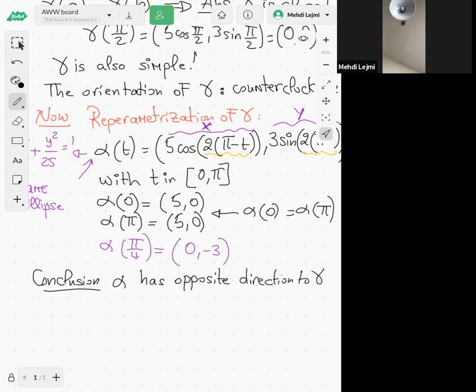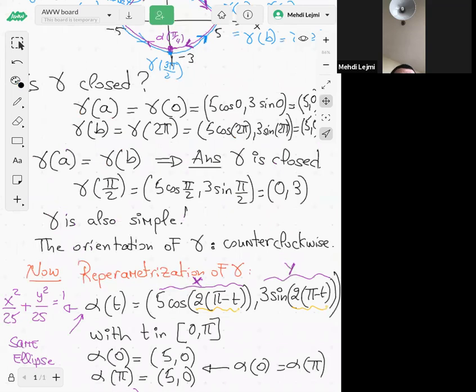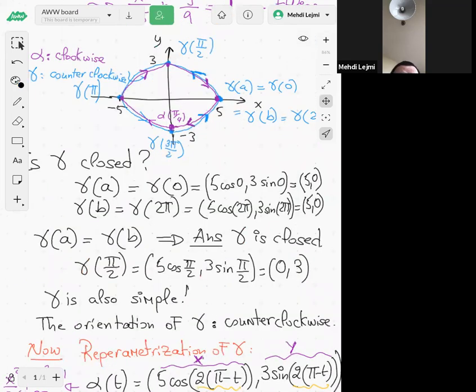So my point here, guys, is that this ellipse, or this curve here, is actually a closed simple curve, right? But my point is that a simple closed curve has two possible orientations.